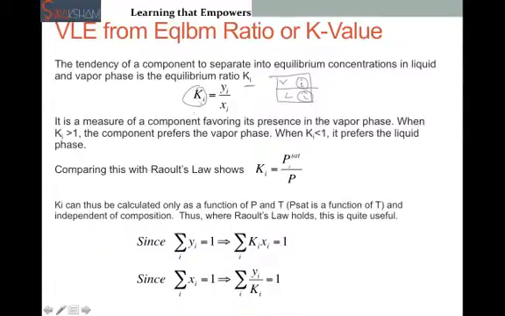If I compare this relationship with Raoult's law, remember that Raoult's law was Yi P is equal to Xi Pi sat, and hence Yi over Xi was equal to Pi sat over P. And so putting this equation right here, I have Ki is equal to Pi sat over P. Thus Ki can be calculated only as a function of pressure and temperature.